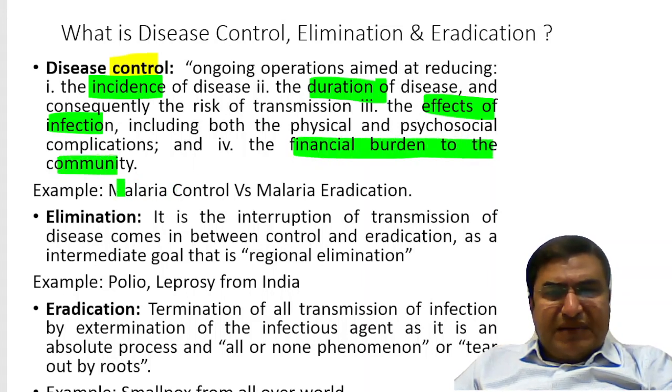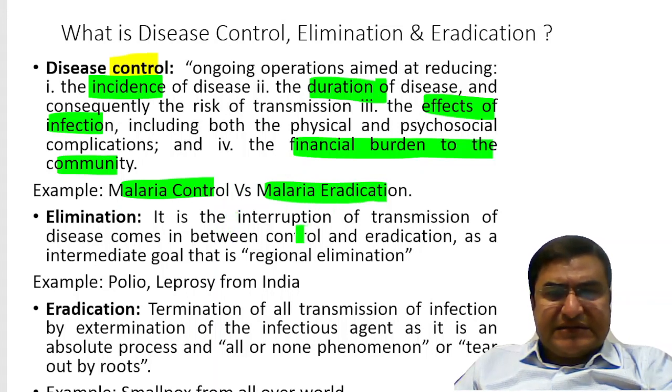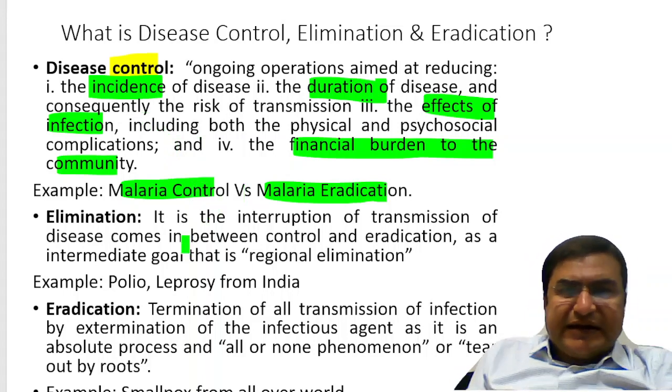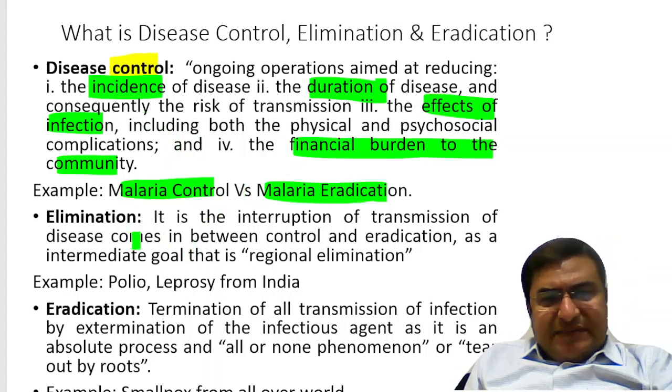For example, malaria control versus malaria eradication. We'll see the definition of eradication in a later part of our discussion. At that time, the query of malaria control versus malaria eradication will be sorted out.